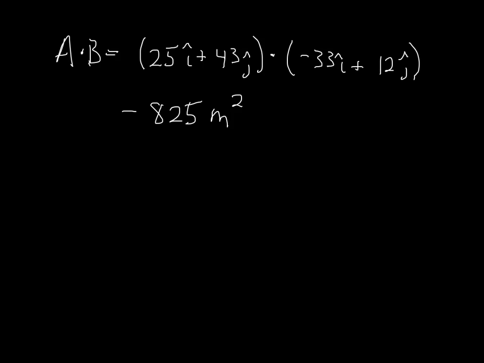Okay? i dot j, what does that give me? Gives me 0, because they're perpendicular. So 25i times 12j gives me 0, because they're perpendicular to each other. Maybe we need to write this out. i dot i plus 25 times 12 meters squared i dot j.